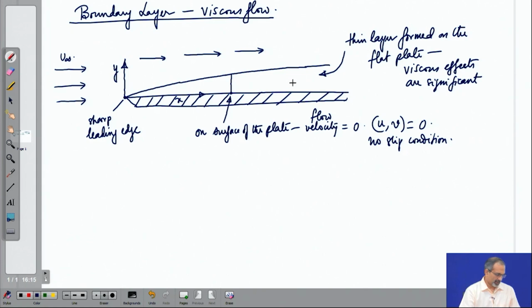Now, the region of the flow which is within this viscous dominated layer is called the inner flow, and that which is outside is called outer flow. The boundary of this region that we have drawn is basically a hypothetical boundary.